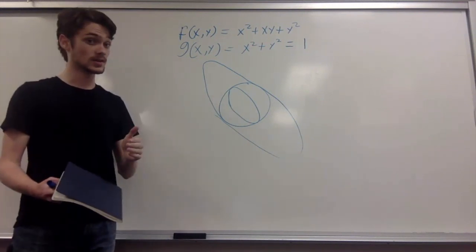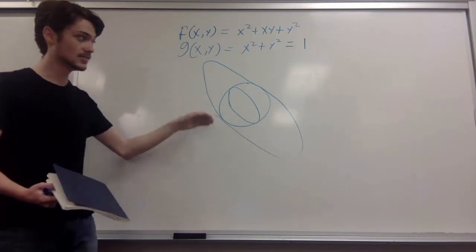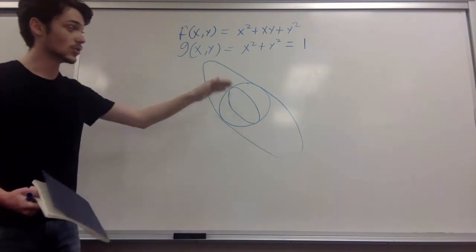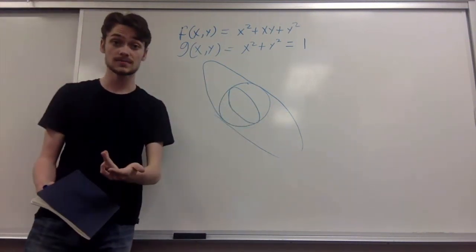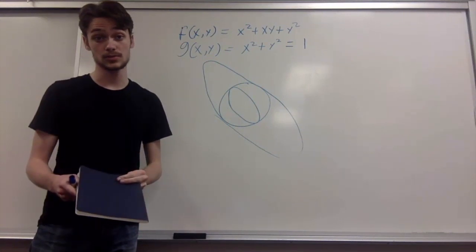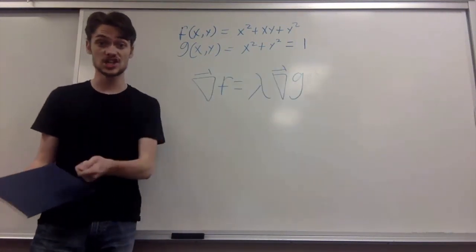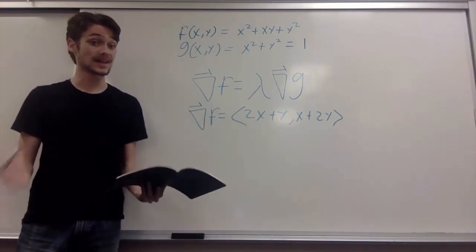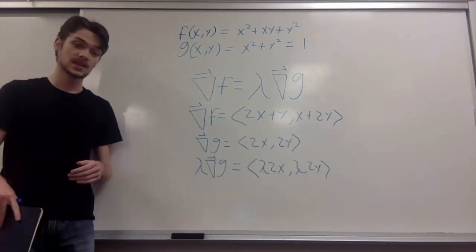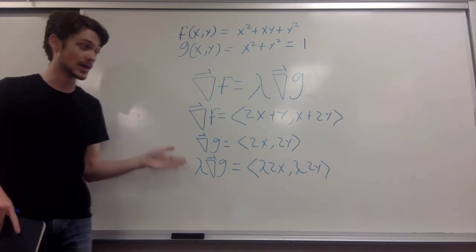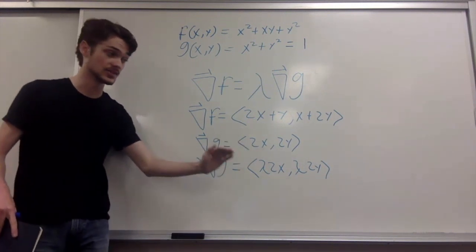Now, my friends, what we can say is that these 2 points are going to be candidates for maximums, and these 2 points are going to be candidates for minimums. We can put this in mathematical terms. Grad f is going to be equal to lambda grad g. We can calculate both grad f and grad g, and lambda grad g is going to be equal to the grad g vector times lambda.